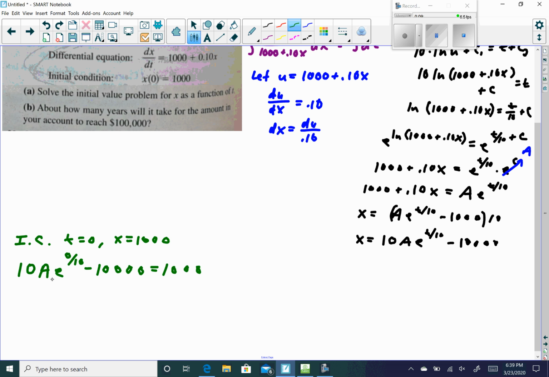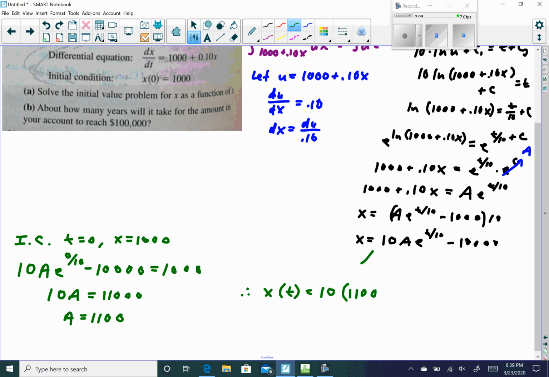So 10 times a, e to the 0 over 10, that's just going to give us 10a. And then we'll get 11,000 on the other side, so a is equal to 1,100. So therefore, x of t is going to equal 10 times 1,100.